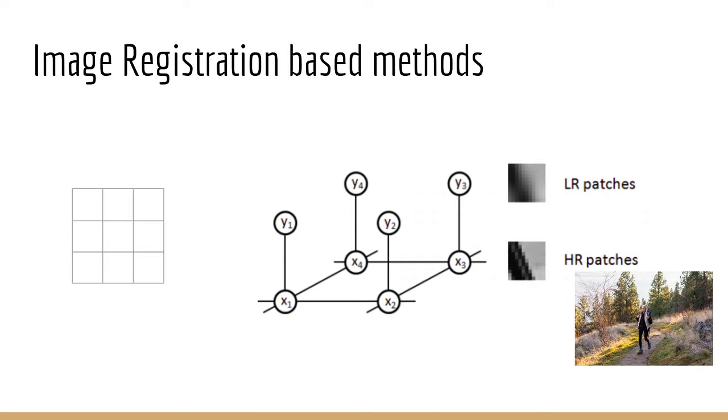In this image, consider the four internal intersections to be x1, x2, x3, and x4. Okay, by x I mean low resolution patches, and by y I mean high resolution patches.